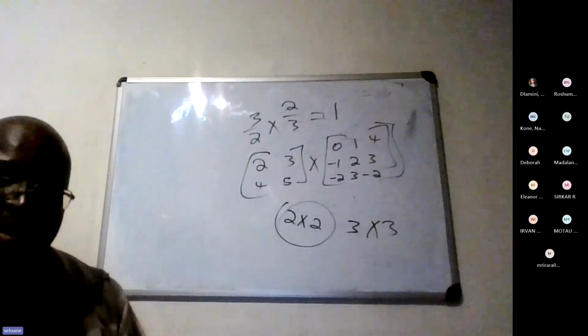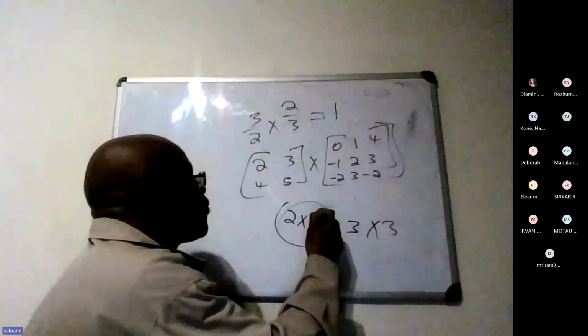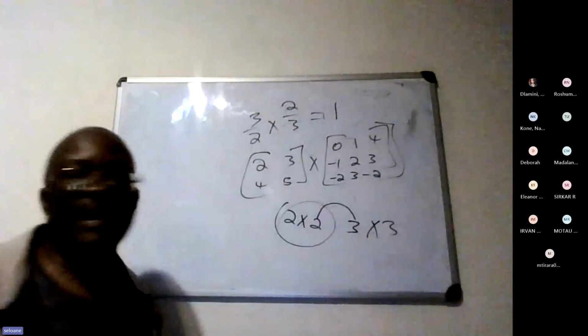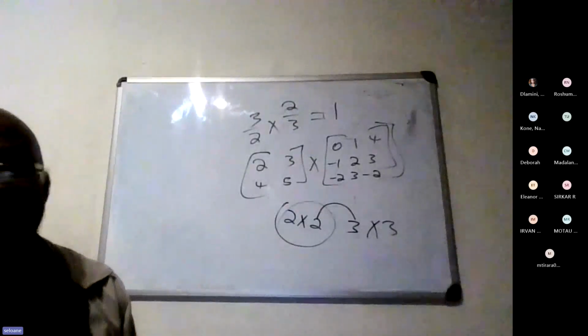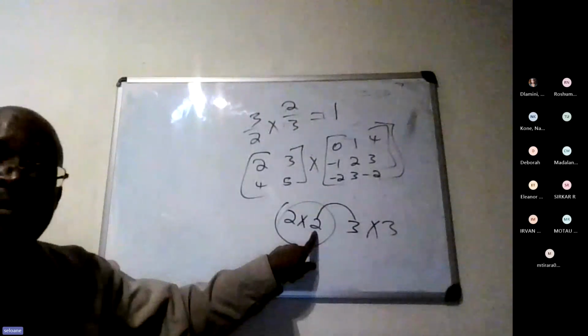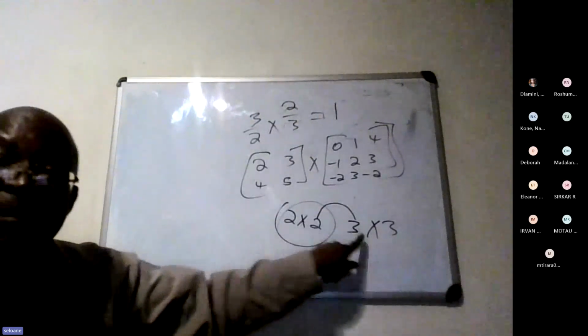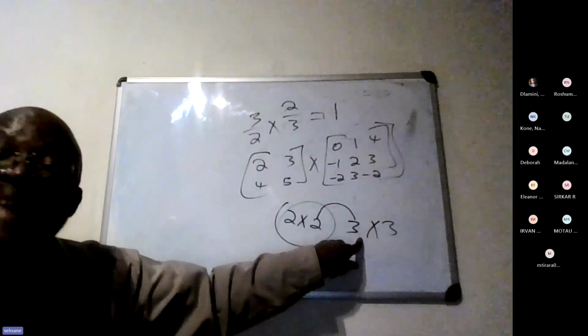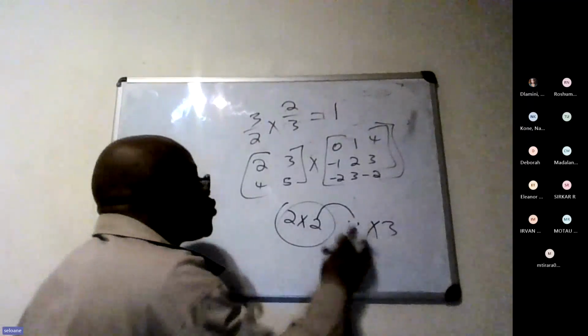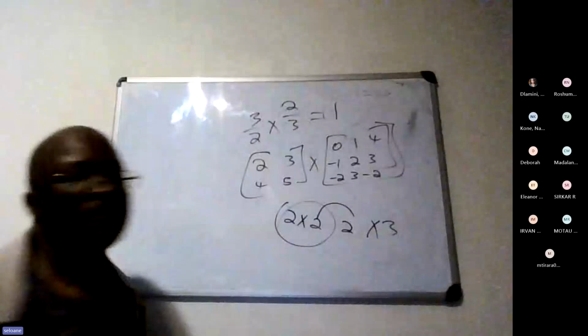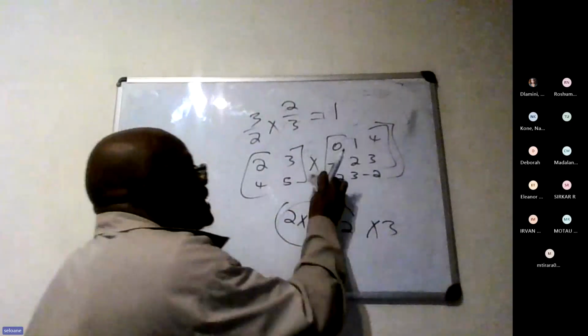For the product to exist, the number of columns here must be the same as the number of rows here. The number of columns of the first one must be equal to the number of rows of the second one. If you have got 2 multiplied by 3 here, that is, maybe this one is out.